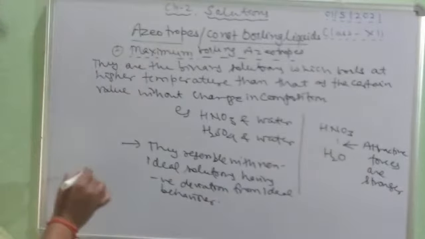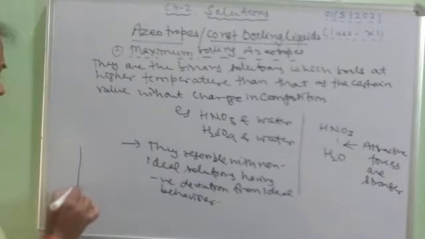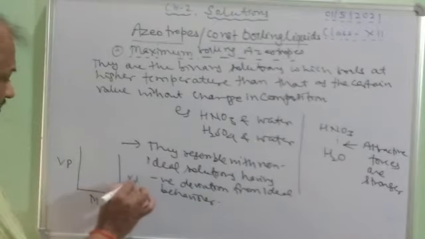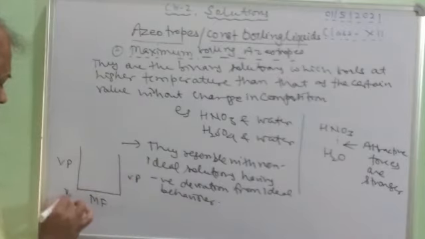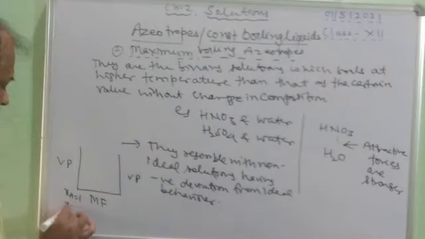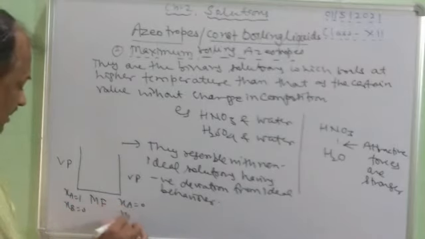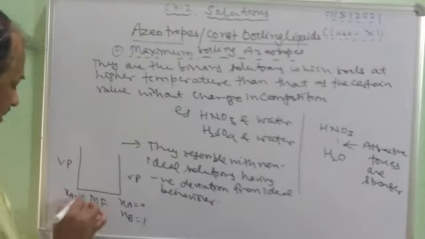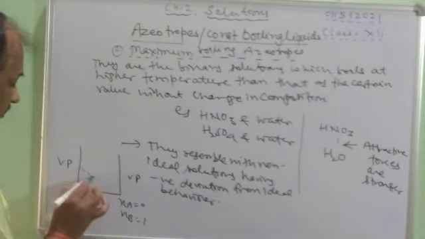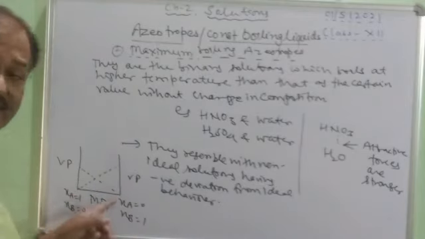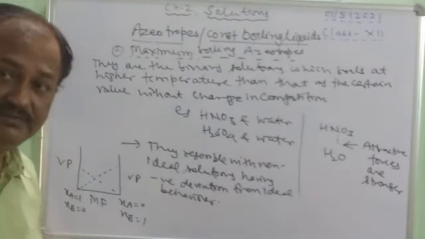Suppose we draw it again. The two components here, there will be the mole fraction, and the vapor pressure of the two components. Here XA is equal to 1, XB is equal to 0, and here XA is equal to 0, XB is equal to 1. Here is the vapor pressure, and the dotted line indicates the normal vapor pressure.